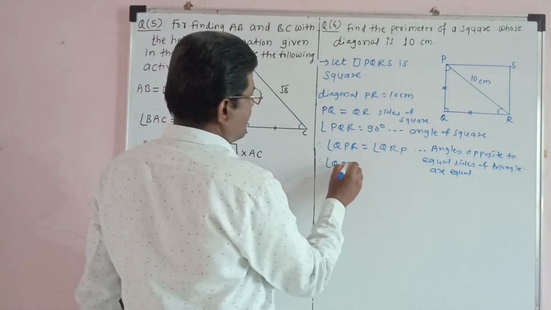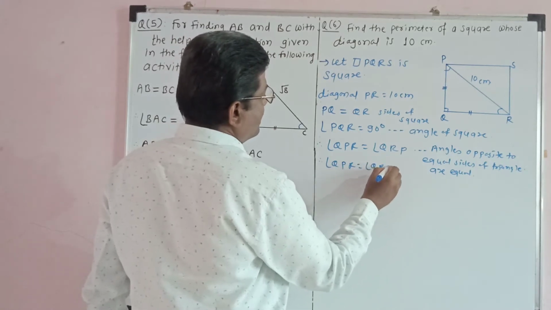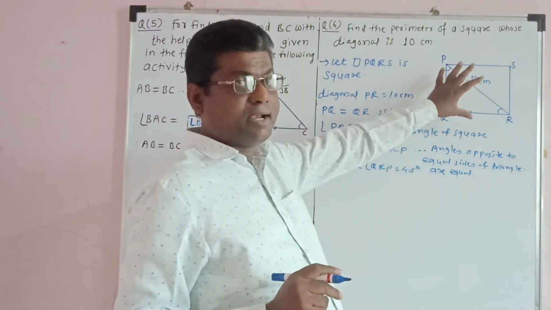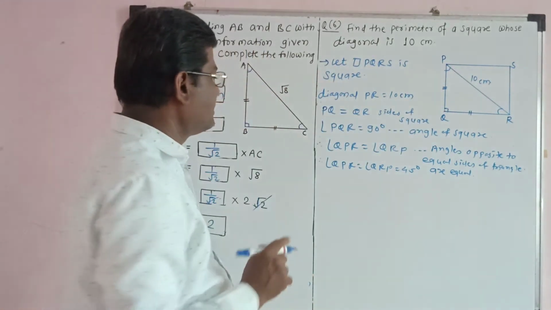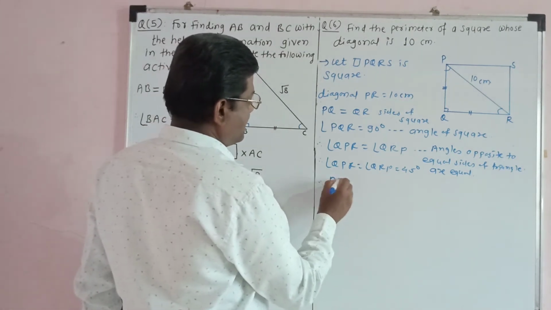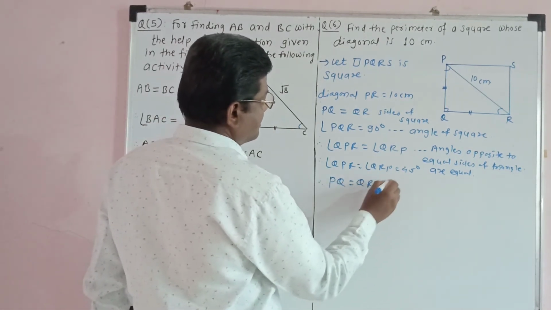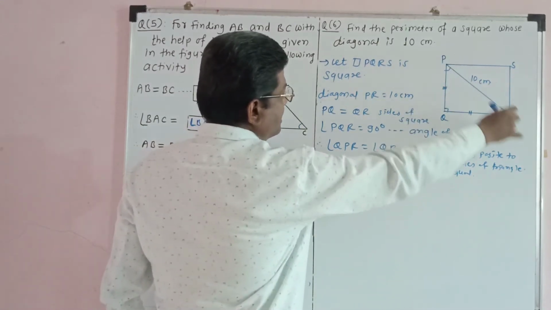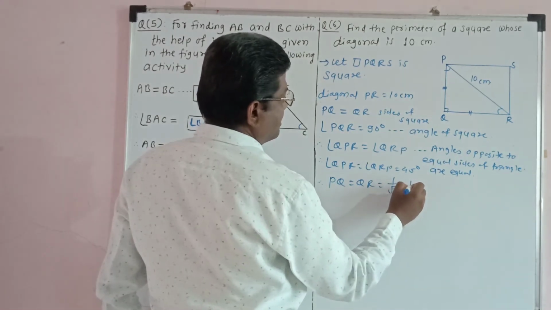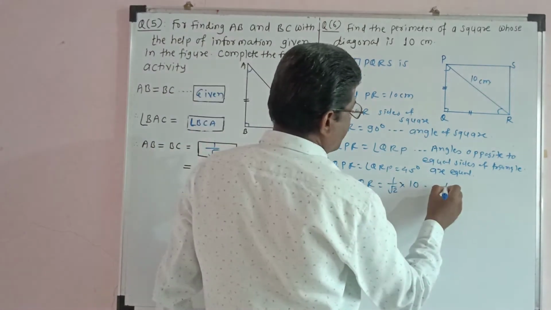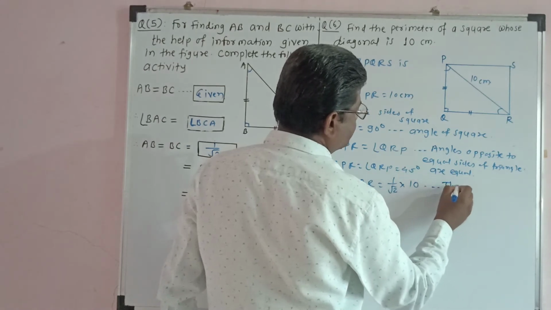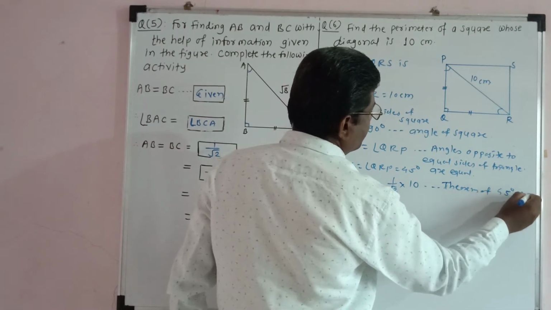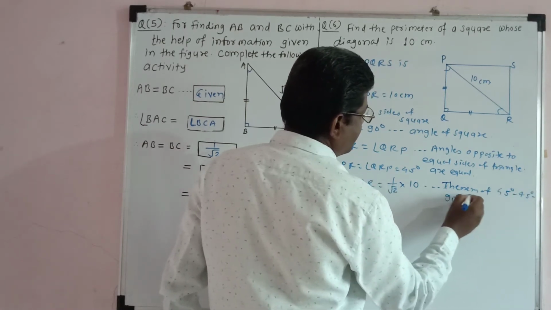Therefore, angle QPR is equal to angle QRP is equal to 45 degree. So this is a 45-45-90 degree triangle. Therefore, we write PQ is equal to QR is equal to 1 upon root 2 into this 10, by the theorem of 45-45-90 degree triangle.